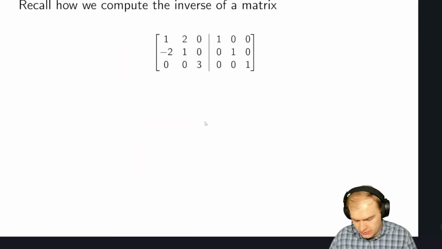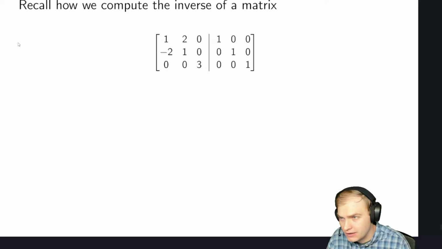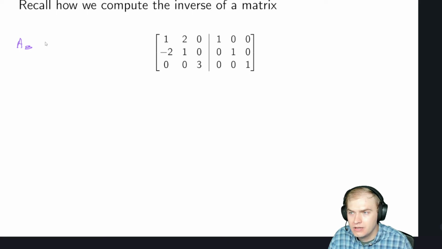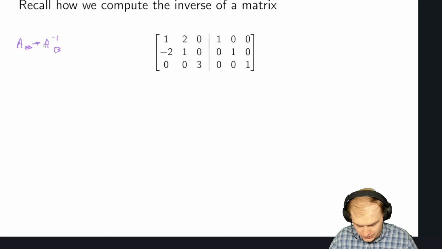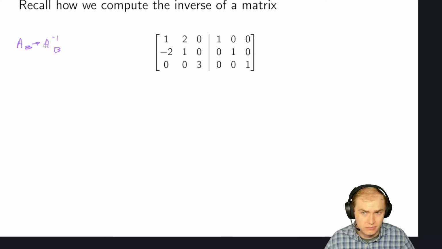Remember in our simplex algorithm that we were finding a basic matrix, and then we were finding the inverse of that matrix and multiplying a bunch of things by the inverse. Well, we find the inverse by doing row reduction, just by a series of row operations.